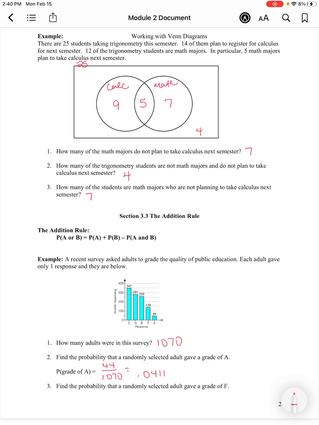The probability a randomly selected adult gave a grade of F. So that would be 139 out of 1070, which would be 0.1299.